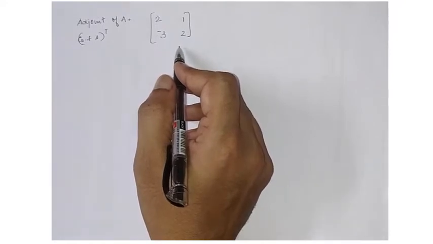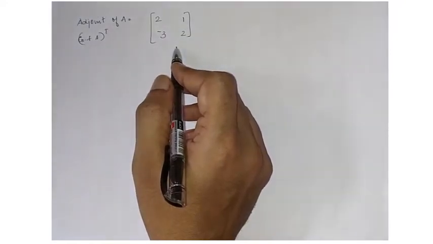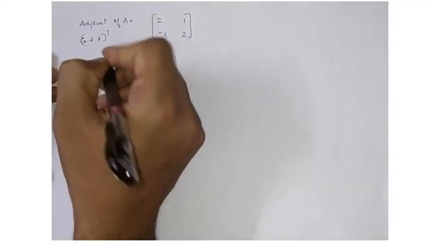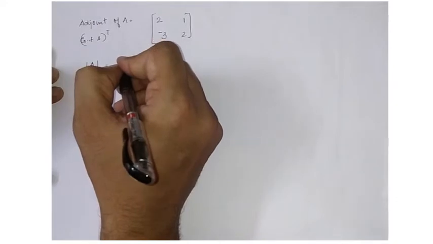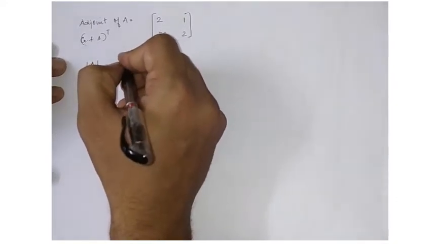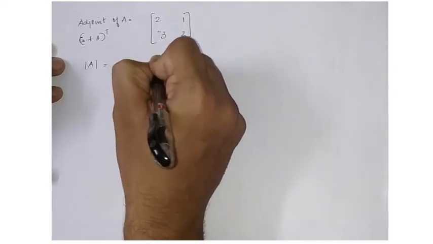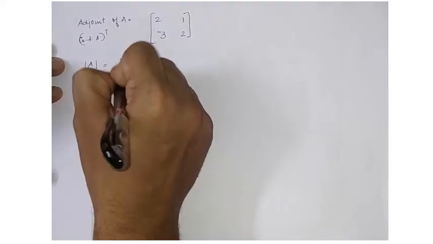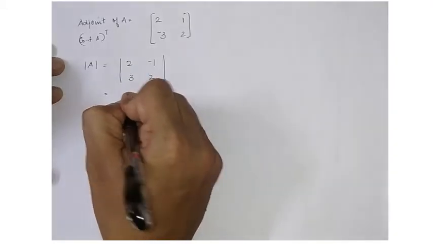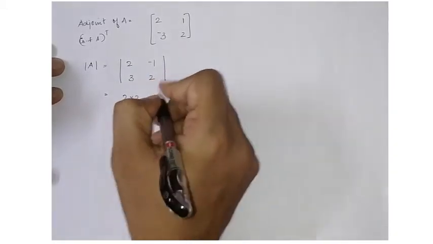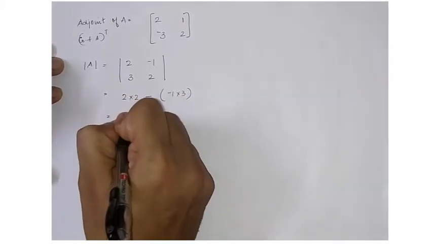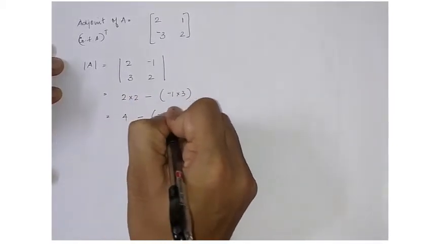Next, you have to find the determinant of A. Now, determinant of A is equal to, now you know what matrix A is. Matrix A is 2, minus 1, 3, 2. So determinant of A is equal to 2 into 2 minus of minus 1 into 3. That is 4 minus minus 3.